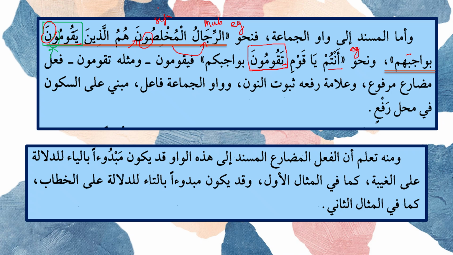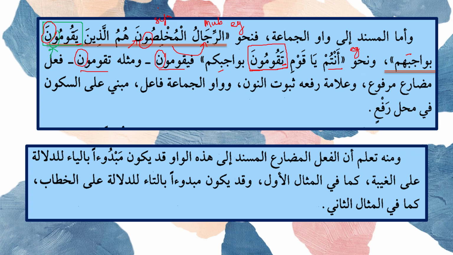One is with the ya and the other is with the ta. بواجبكم. So فيقومون مثل تقومون, both of the fi'l mudari' are in marfu' case. How do you know? Because of the noon, because of the presence of the noon. Either it is taqumun or it is yaqumun, both have noon in it. That means both are in marfu' case.